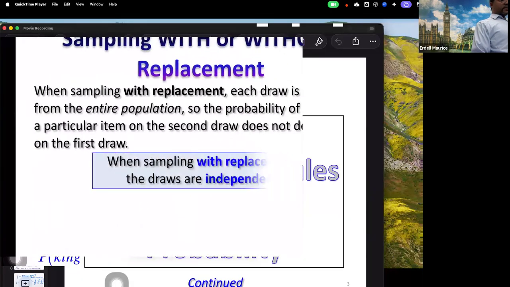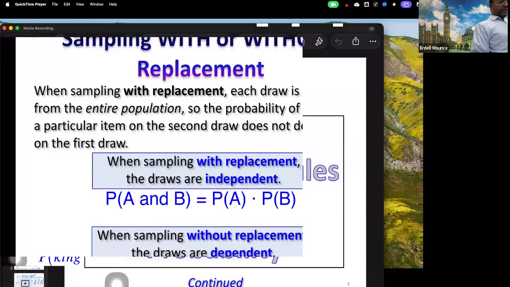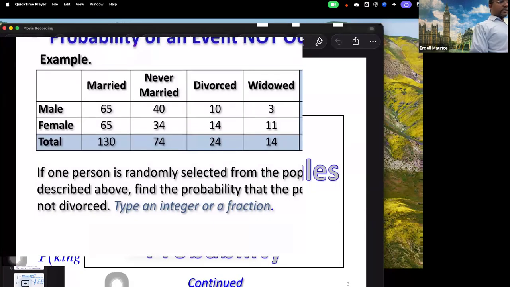All right, and so we already talked about these already. What's the probability of someone not being divorced? You have to do the math in your head. Tell me what to do to find the probability of a person not being divorced. So the total number of people is going to be 242, and we have to enter right here how many people are not divorced.